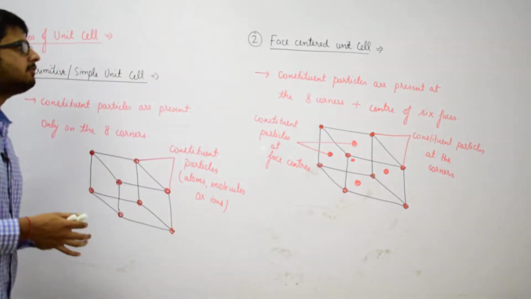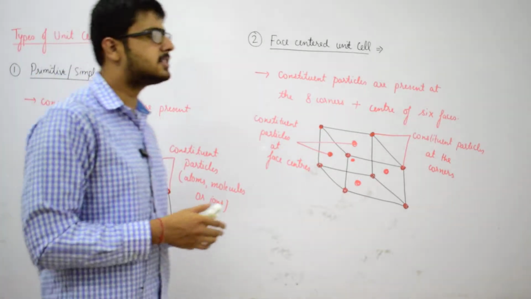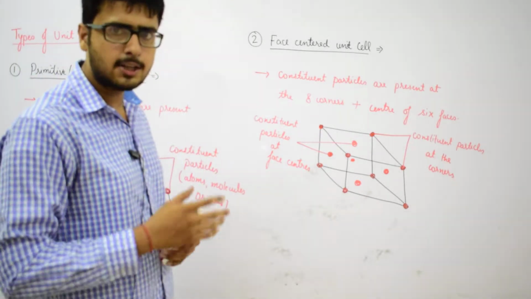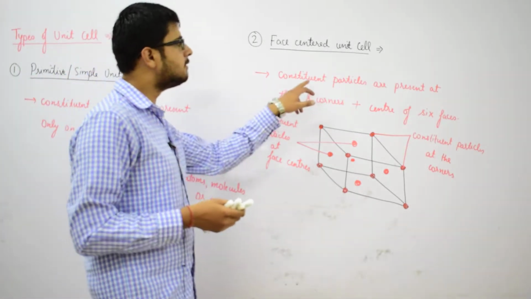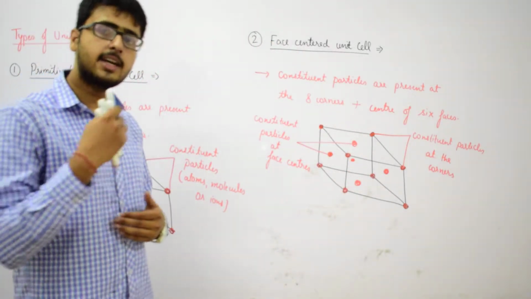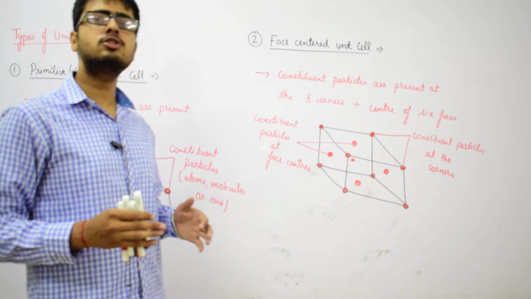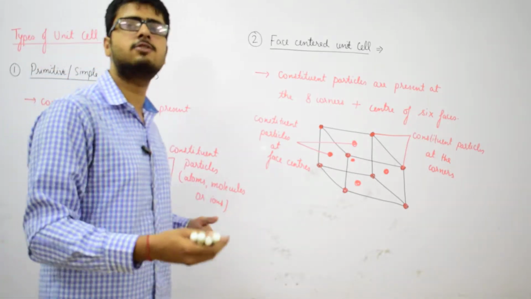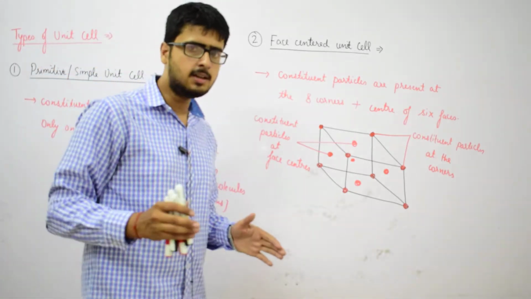The next type of unit cell is face centered unit cell, also called FCC arrangement. In this type of unit cell, the constituent particles are present at the 8 corners and also on the centers of 6 faces of that unit cell.